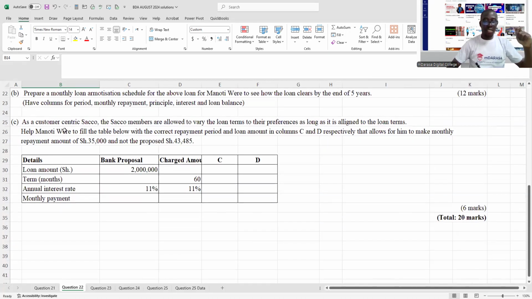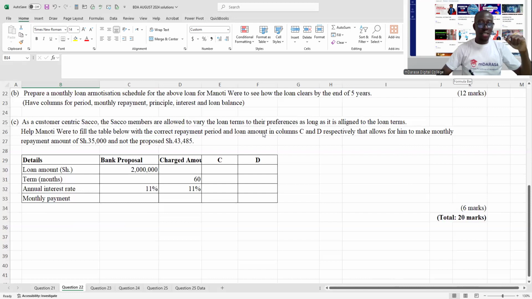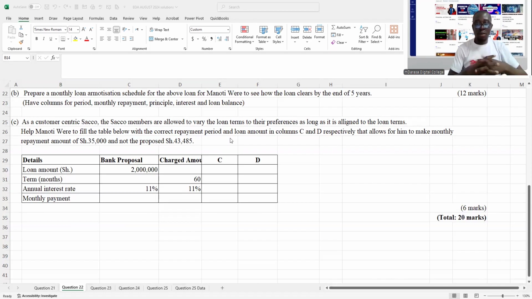As a customer-centric circle, the circle members are allowed to vary the loan terms. We can adjust our loan terms to their preferences as long as it is aligned to the loan terms, okay?